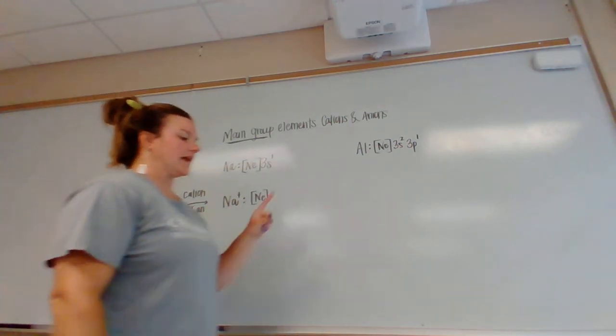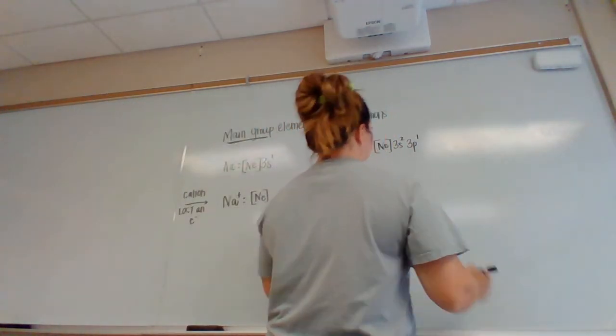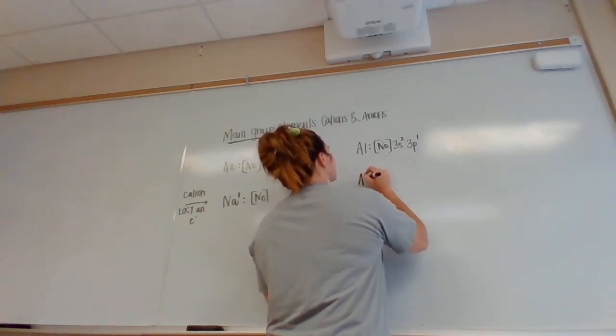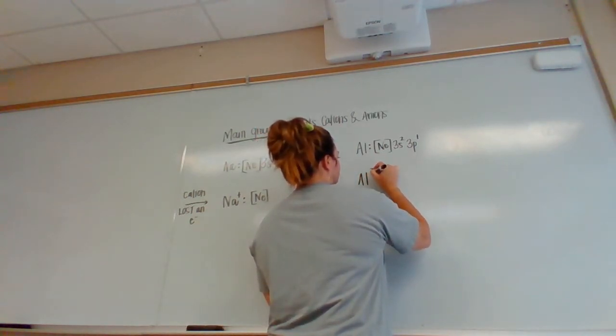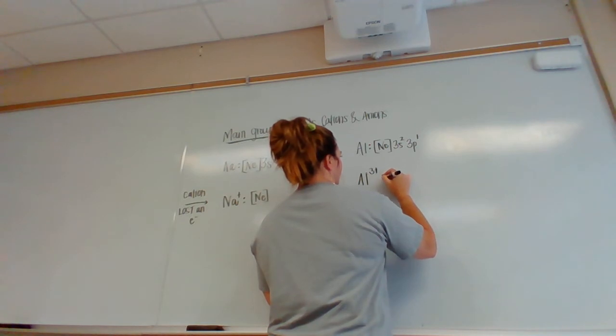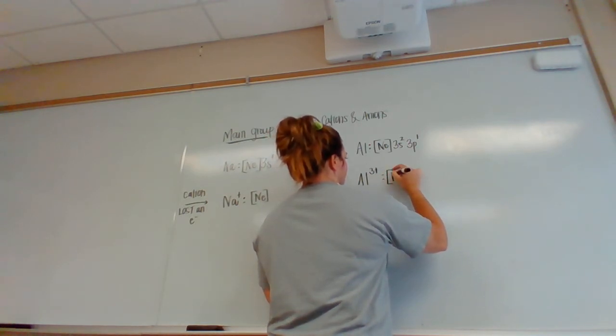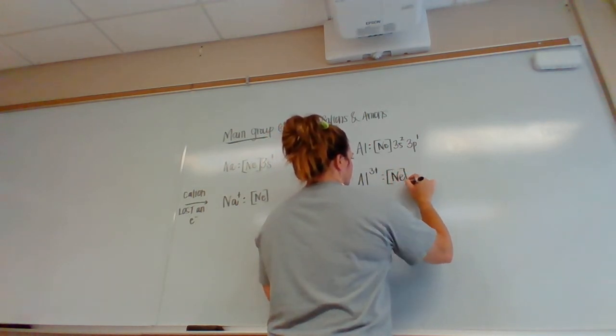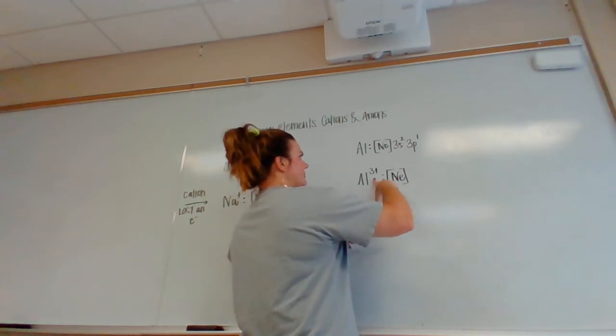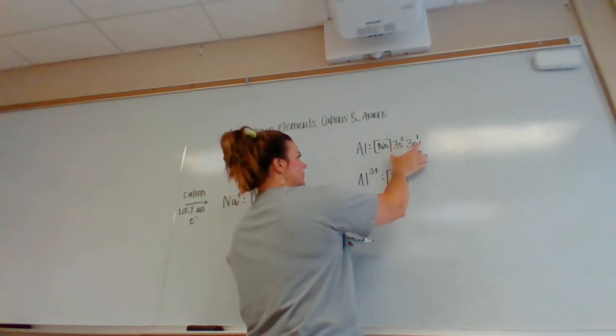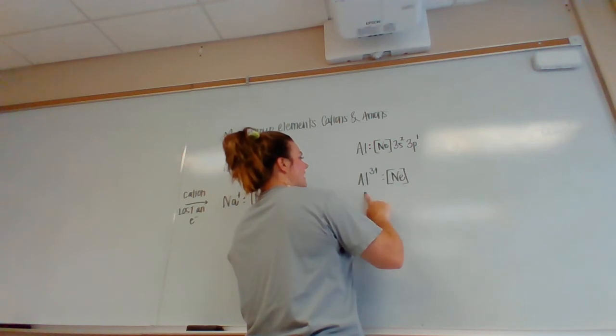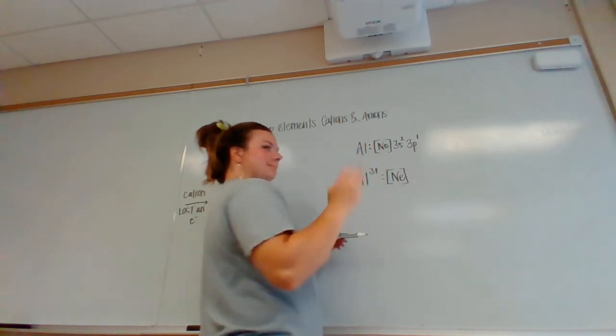What number cation does aluminum like? 3 plus. So I formed this 3 plus by removing these 3 electrons. So now I'm neon. Perfect.